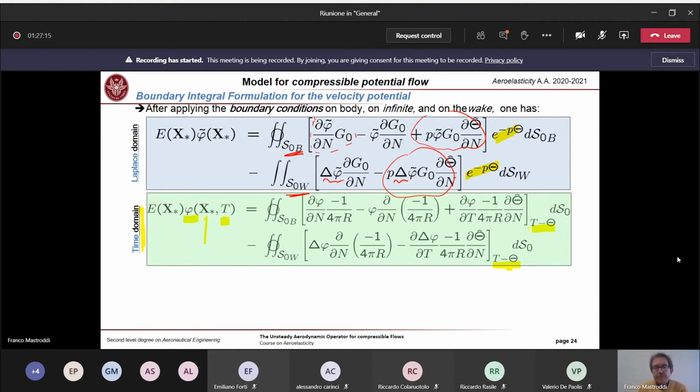So the solution at that time depends on what happened at a previous time, and this is the effect of compressibility. Okay, in the body frame of reference, of course.